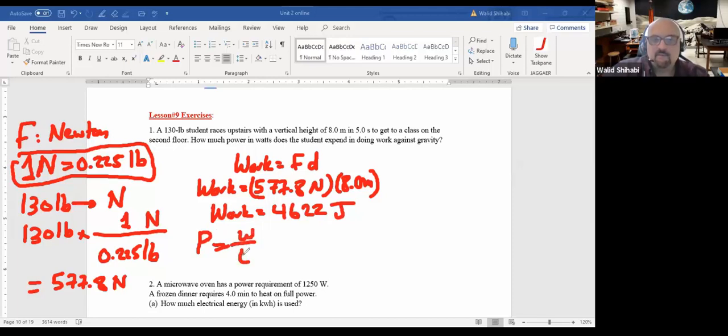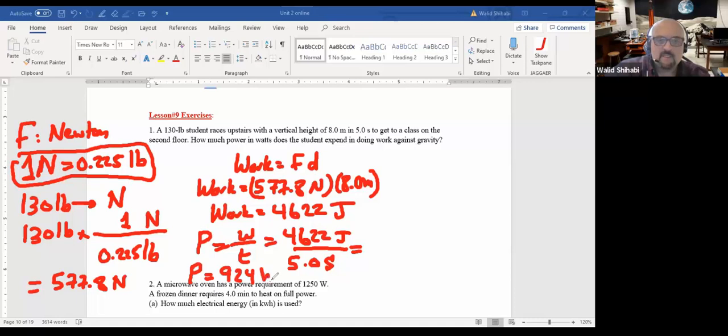is work over time. So you divide 4,622 joules by the time, which is 5 seconds. You can see it will give you around 924 watts. And you can convert it to horsepower by dividing it by 746.